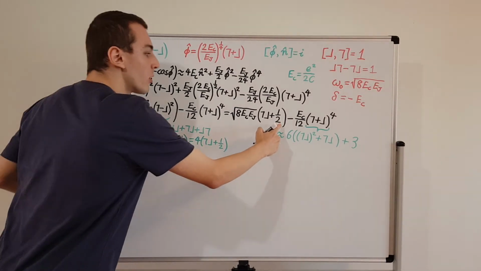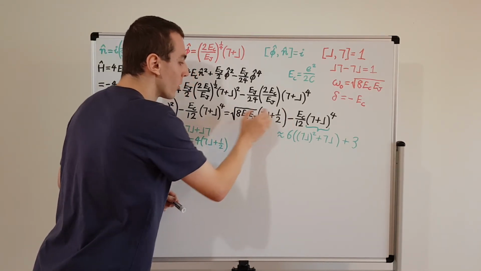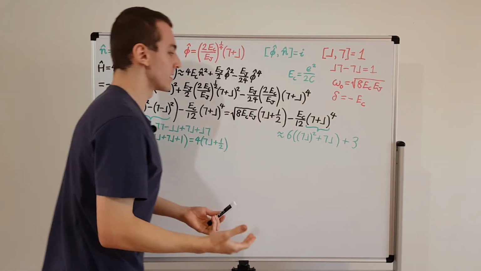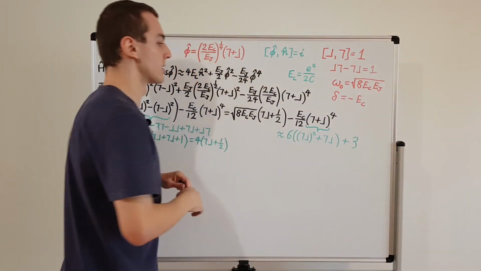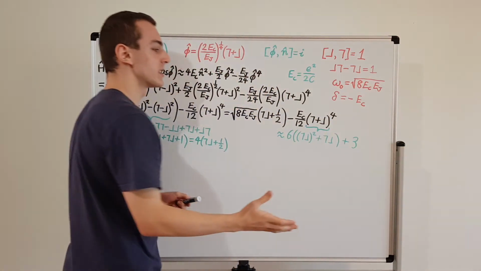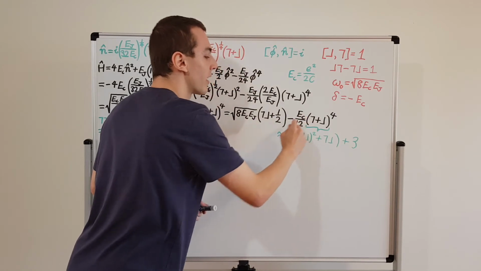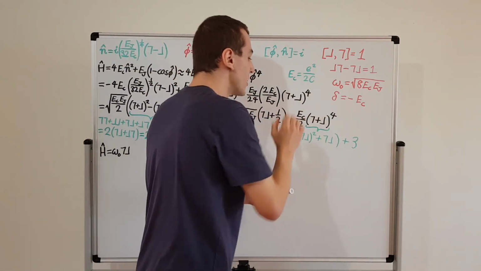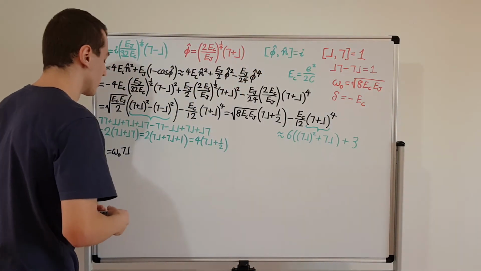I'm going to ignore this 1/2 because when we multiply by this, it's just going to be a constant. And constants have no physical significance. So I'm just going to ignore all the constants. And also over here, we have a 3. That is a constant. If we substitute this 3 in here, we're just going to have 3 times this coefficient, and that is just another constant. So we're just going to ignore all of those unnecessary constants.